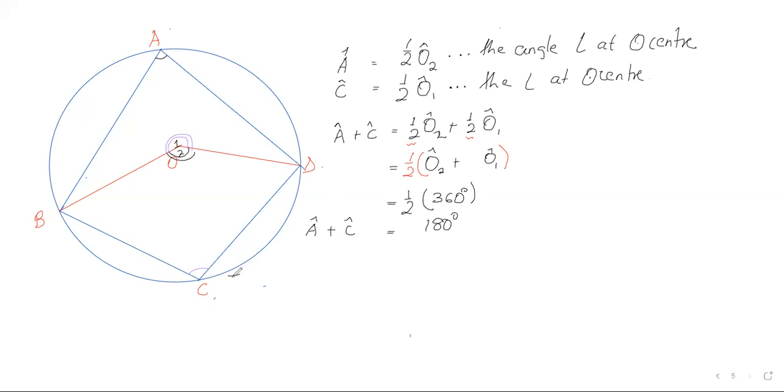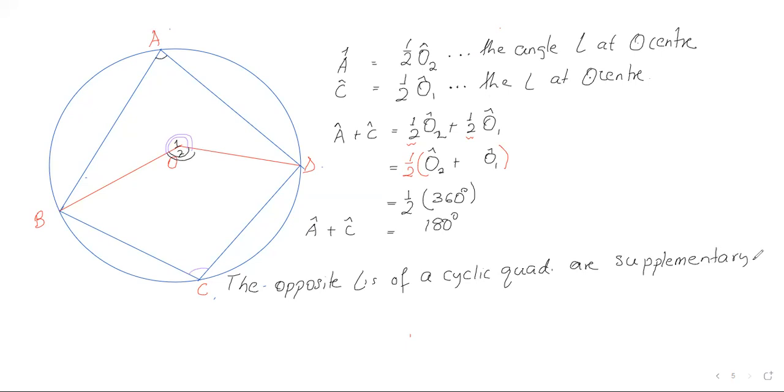Therefore, we say the opposite angles of a cyclic quad are supplementary. Meaning if we add opposite angles on a cyclic quad, we should arrive at 180 degrees. That's that.